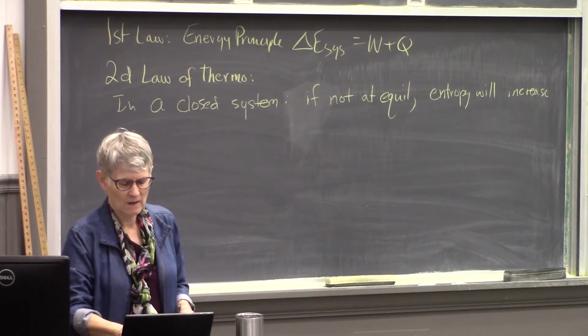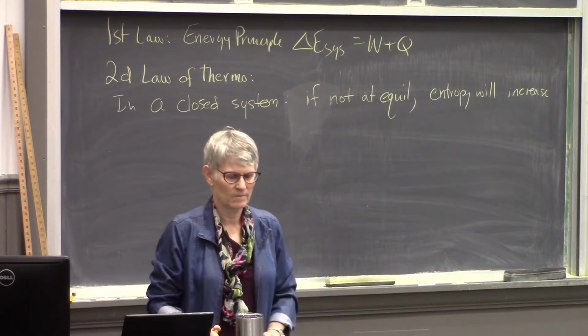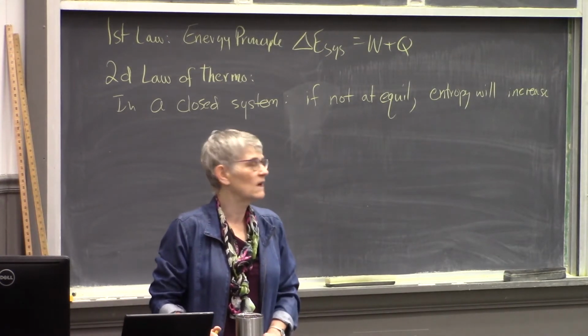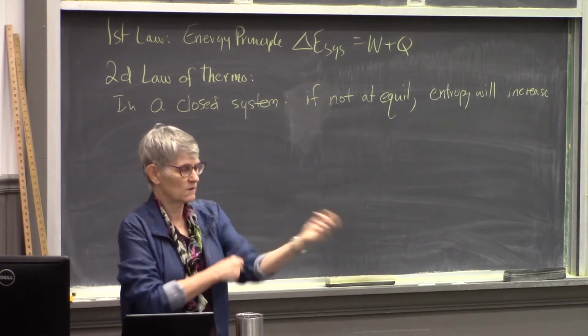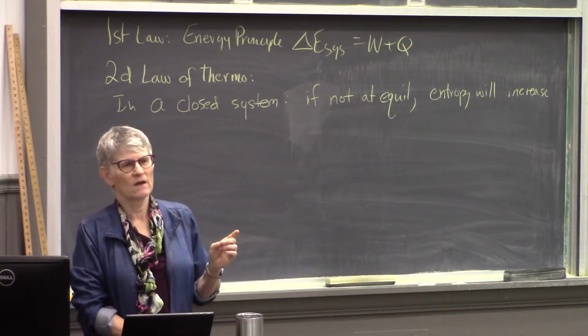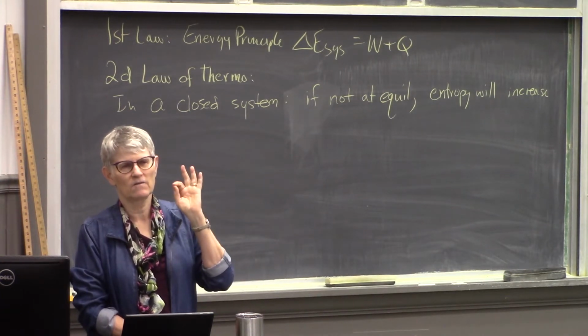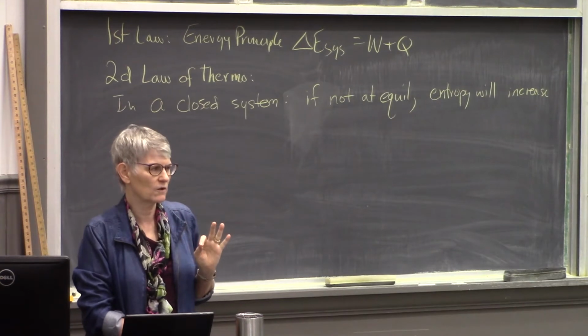Okay, so the question is, what good is this? What can we do with this? So our goal today is to start with this idea of entropy and try to get a very concrete formal definition of temperature.